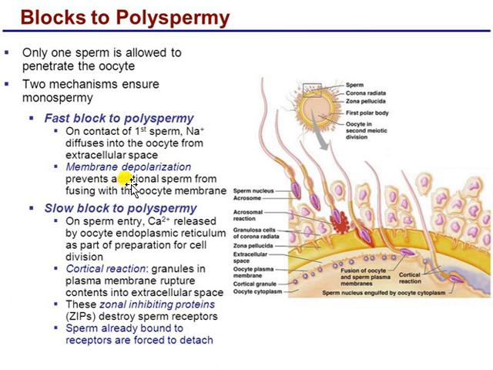And what happens in that case? As soon as the sodium ions enter the ovum, automatically the inner layer of the ovum becomes positively charged. But we all know the sperm head surface is commonly also positively charged due to the presence of some proteins.